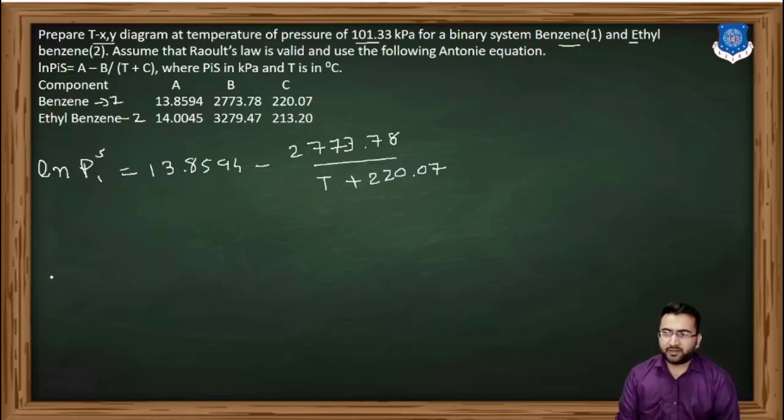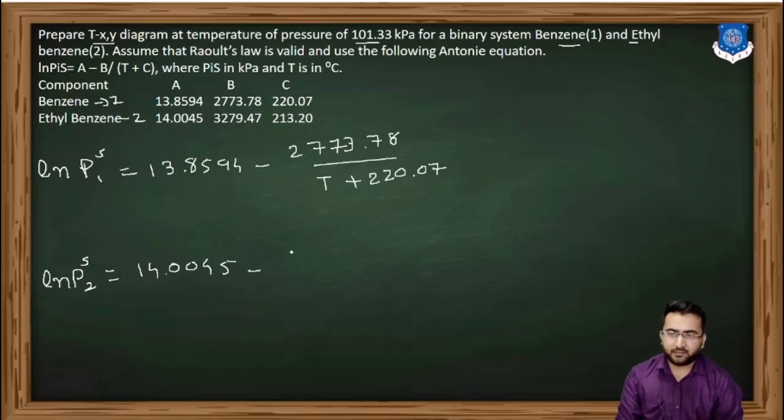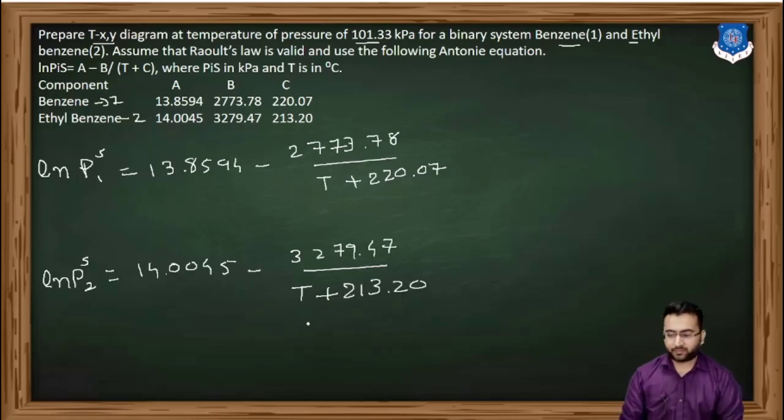So this is our Antoine equation for component 1. Now let's write it for component 2. ln P2 saturated is equal to 14.0045 minus 3279.47 divided by T plus 213.20.